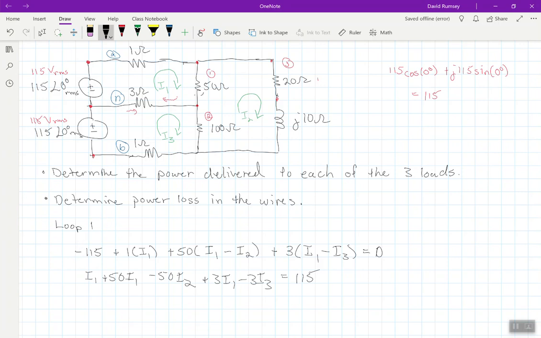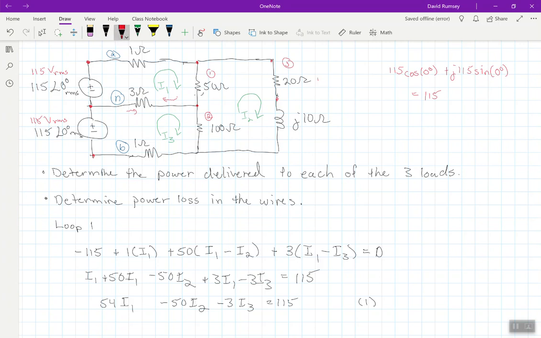Then combining like terms, I would wind up with 54 I1 minus 50 I2 minus 3 I3 equals 115. And so this would be equation 1.